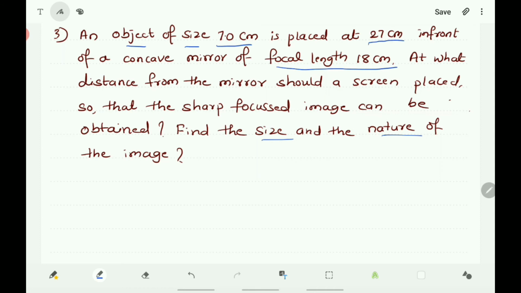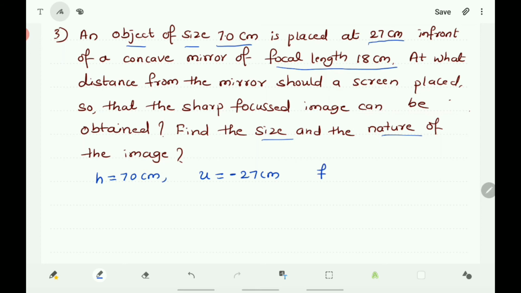Object size means h is equal to 70 centimeter, and it is placed at a distance of 27 centimeter in front of the concave mirror, that is u is equal to minus 27 centimeter, as object distance is always negative, and focal length of the concave mirror is also taken to be negative.